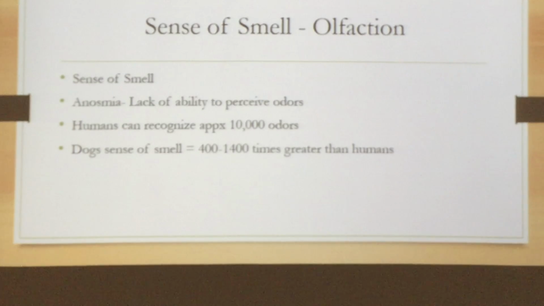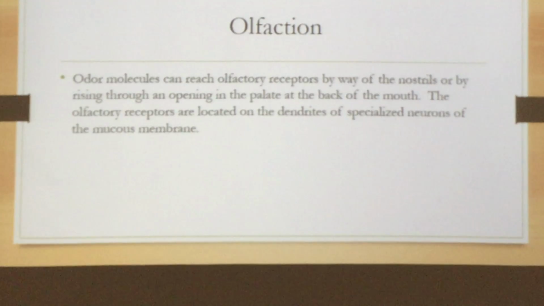But whatever, when you have 400 to 1,400 times greater than humans, if you're grilling on that charcoal grill, and he's whining and begging and such, if you think that hamburger smells good, multiply it by 1,400 times. And that might be why they're putting up such a fuss. It also explains how a male dog can tell a female dog's in heat 2 miles away. Pheromones, absolutely.